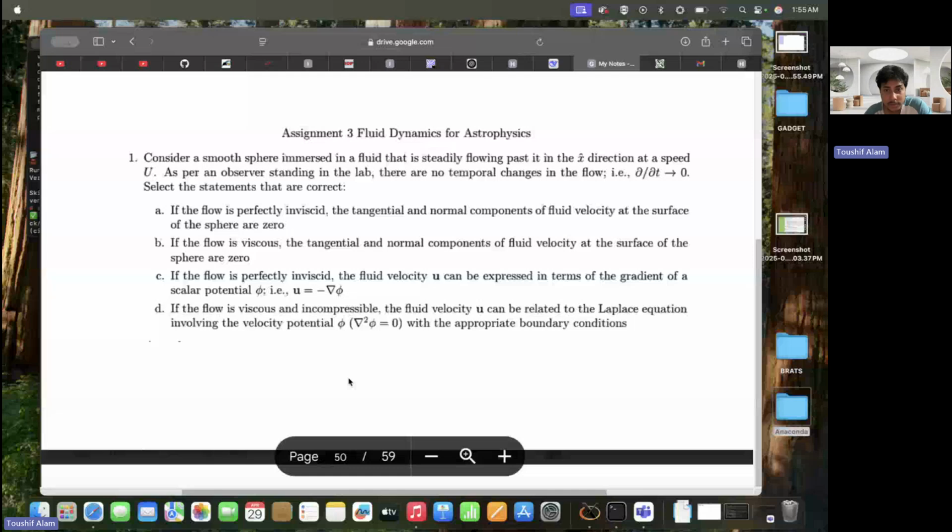The incompressibility condition is not relevant for this. Incompressible means just that del dot U will be zero, right? So you can relate it to the Laplace equation, which in the viscous case won't be valid. So options B and C are the right options.